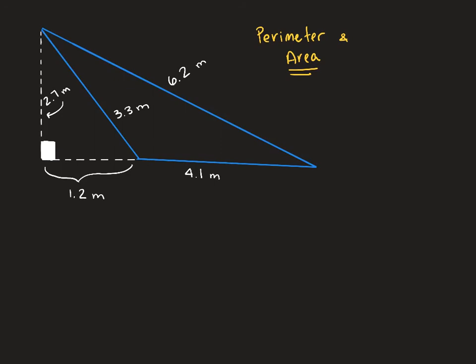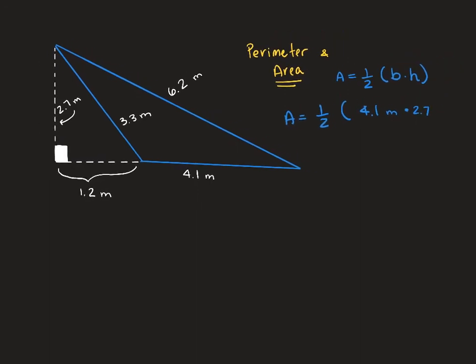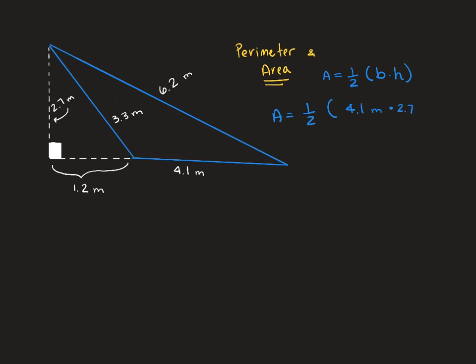Okay, I'm going to start working up here. Area is equal to 1/2 times the base times the height. It's going to be 1/2. The base is 4.1 meters. The height is 2.7 meters.